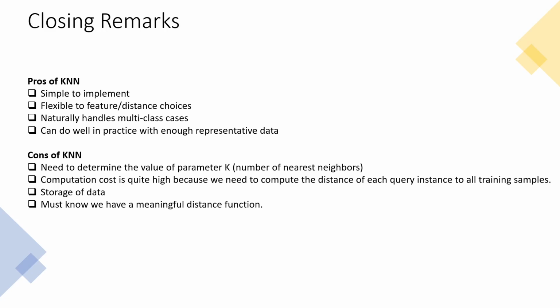It uses too much storage because you need to get all the data to memory in order to make any calculation for the prediction. And we must know we have a meaningful distance function. And as in the example, we used Euclidean distance, but grid search CV suggested Manhattan distance.